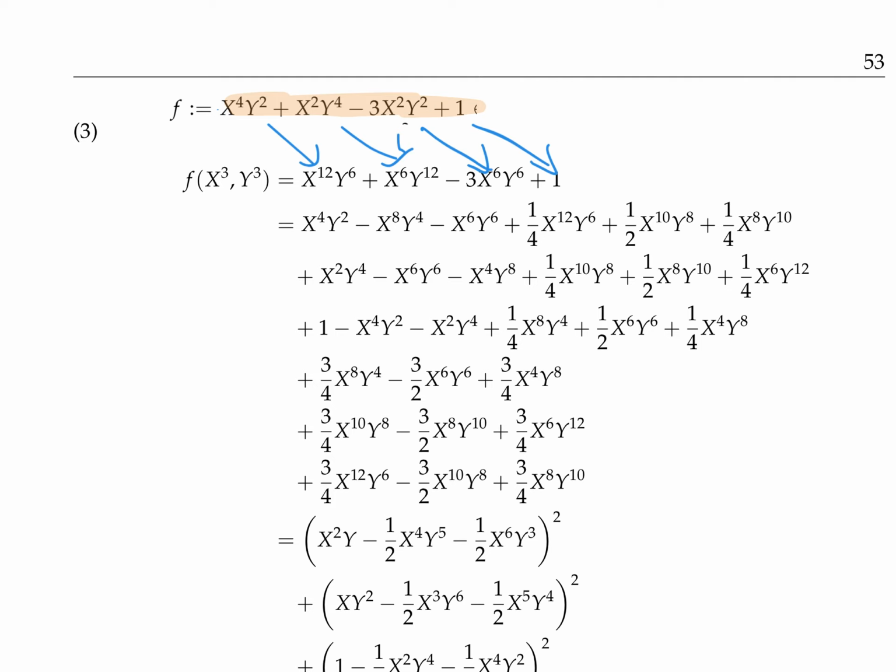So let's see, x to the 12, y to the 6. Where do I find this? So here I have 1/4 of it. Here I have 3/4 of it. So that's okay. So when I have x to the 6, y to the 12, here I have 1/4 of it. And here I have 3/4 of it. Okay.